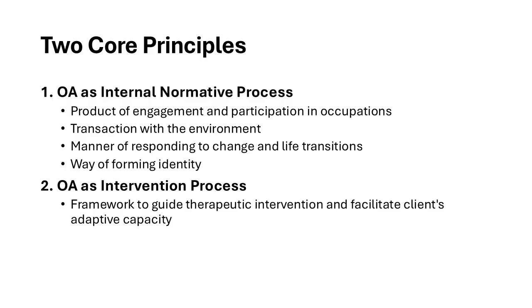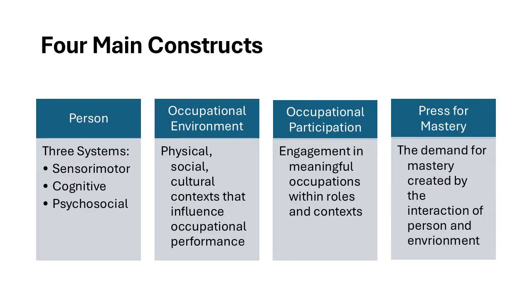So if the internal process is the engine, what are the components? What makes it run? That takes us to the four main constructs. Yeah, four main constructs. We have the person, the occupational environment, occupational participation, and then the really crucial interaction point, the press for mastery. The first three feel pretty familiar from other OT models. They set the stage.